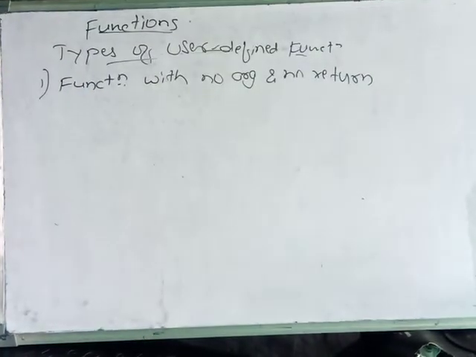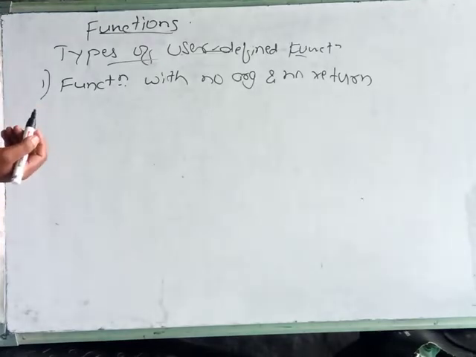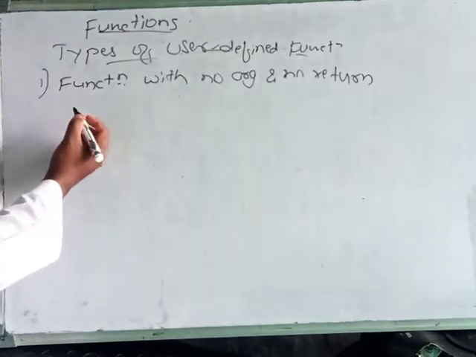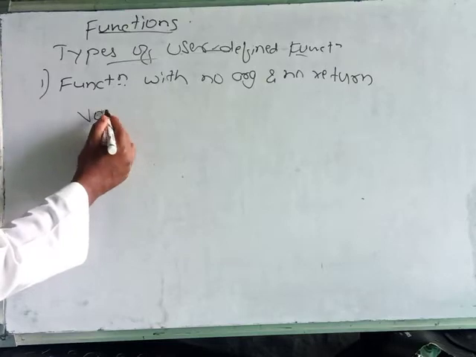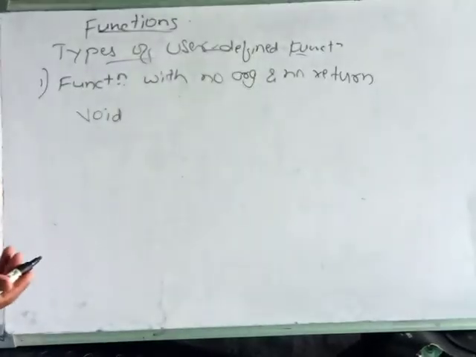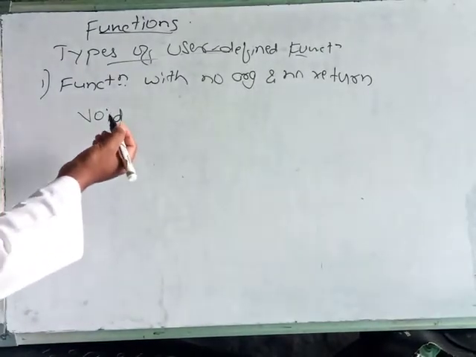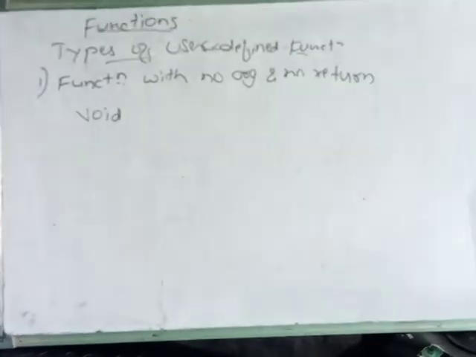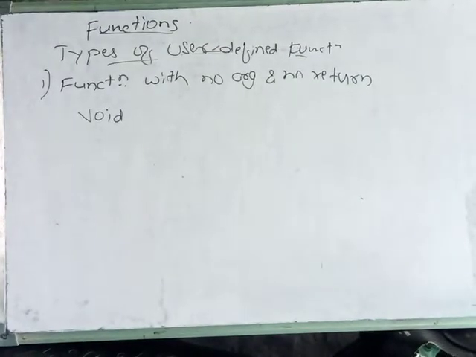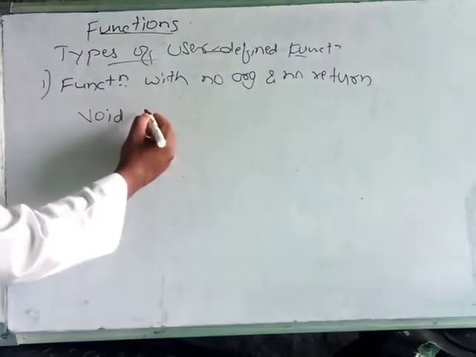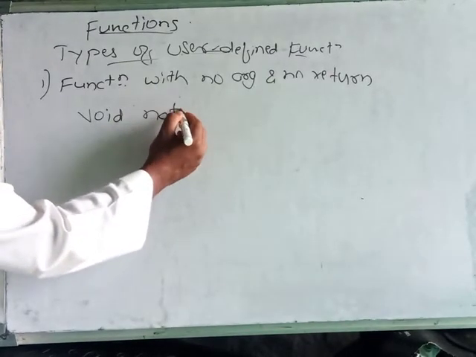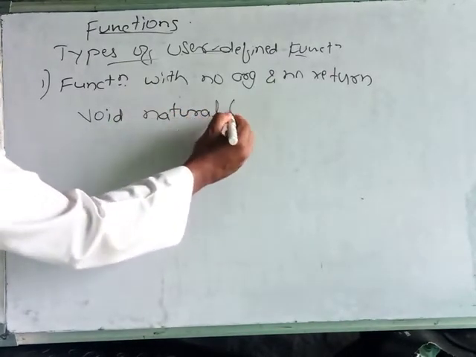Let's see an example for a function with no arguments and no return type. First, void. Now we want to display 10 natural numbers. I am giving the function name natural.